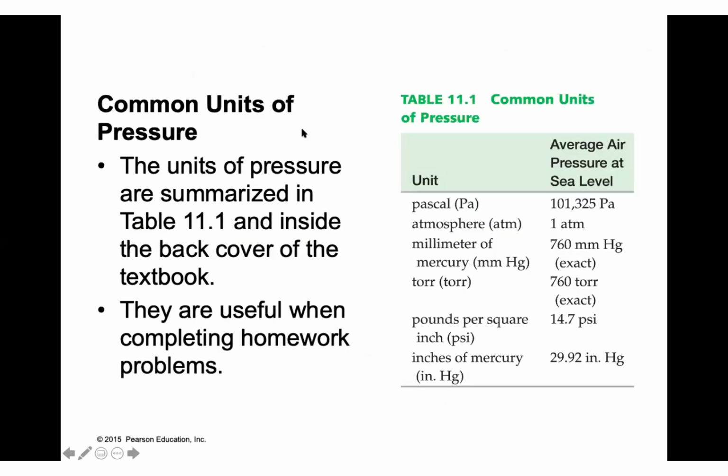Here is, guys, the unit conversion factor for different units of pressure. In the exam, I provide these unit conversions. Basically, here you can see that 1 atmosphere equals 760 millimeters of mercury.